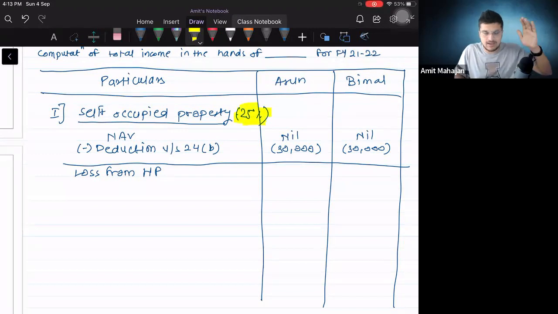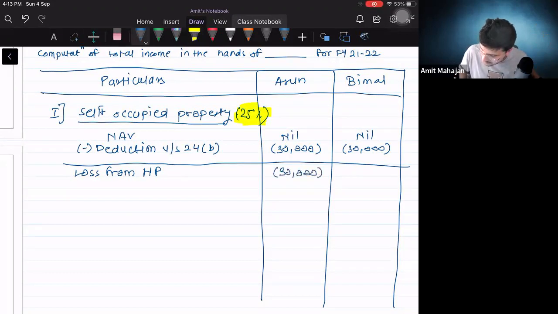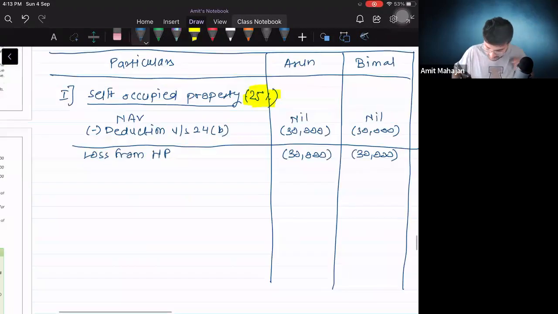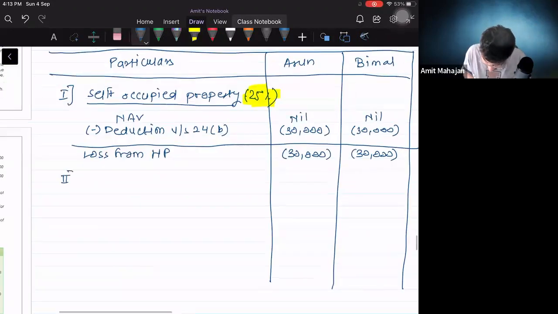We'll always keep that in our mind, 25%, 25%, 25%. So here it will be 30,000. Second point.